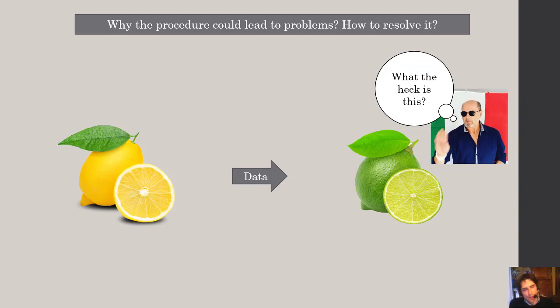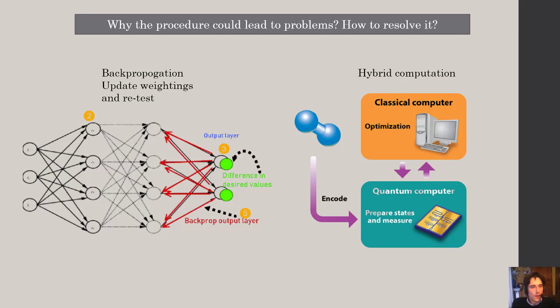That's almost the same, but that's not a yellow lemon. So this is because during the procedure some overfitting or underfitting errors occur. Okay, we figure out why those problems occur, but how to resolve them?